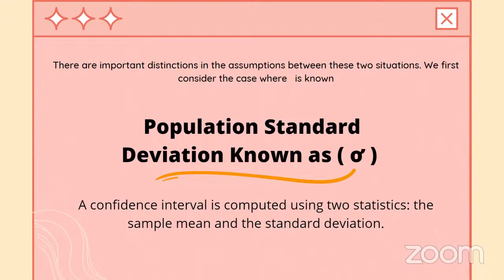There are important distinctions in the assumptions between these two situations. We first consider the case where the population standard deviation is known. A confidence interval is computed using two statistics, the sample mean and the standard deviation.